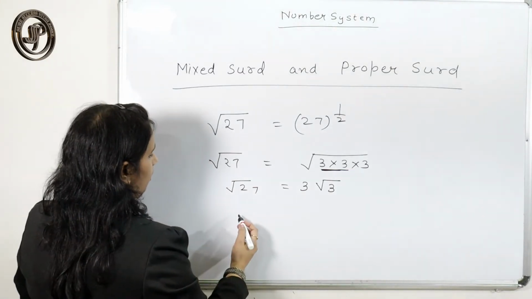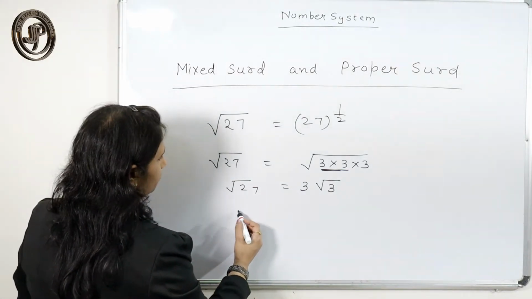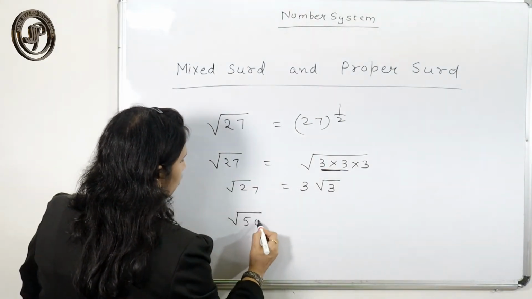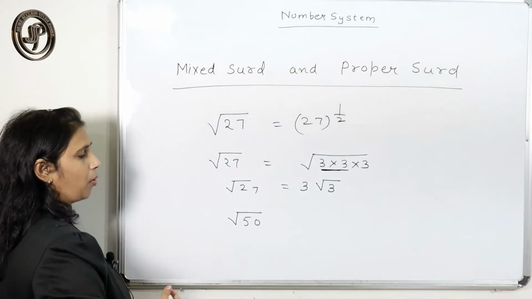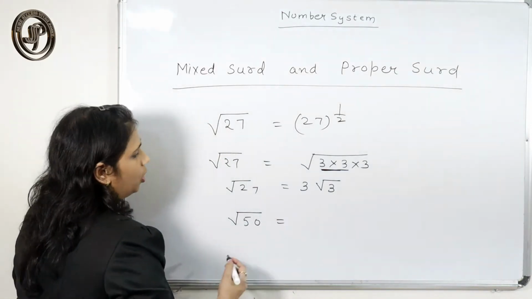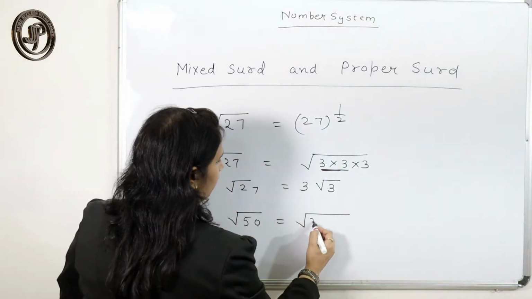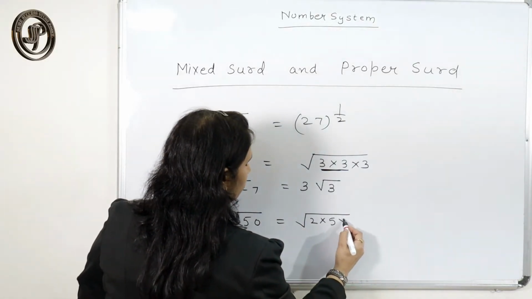Similarly, if I write root 50, root 50 is a proper form. Root 50 you can write as 2 into 5 into 5.